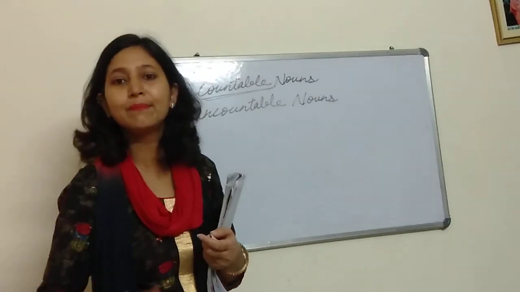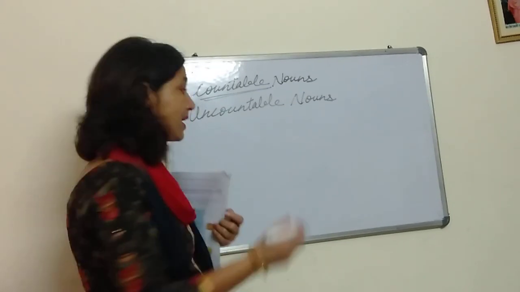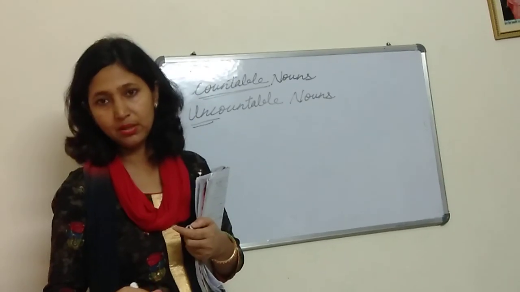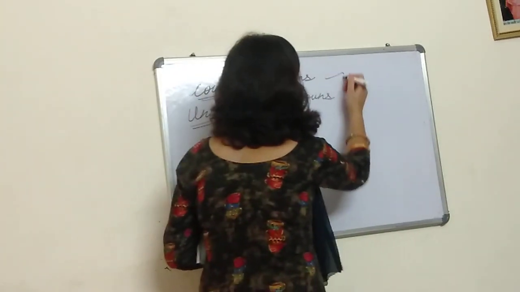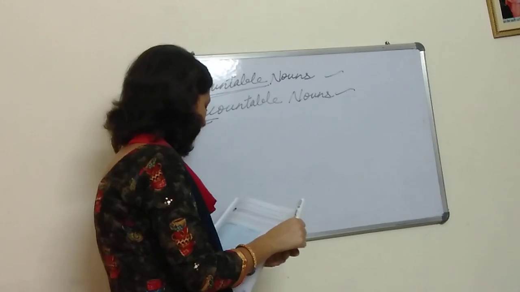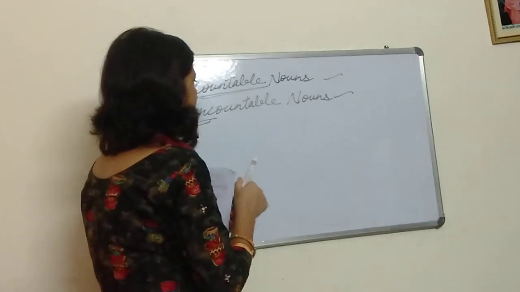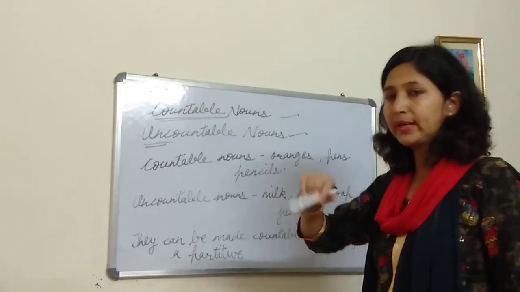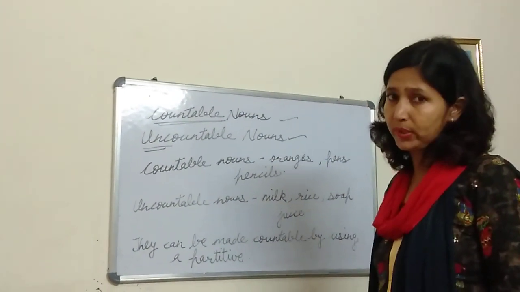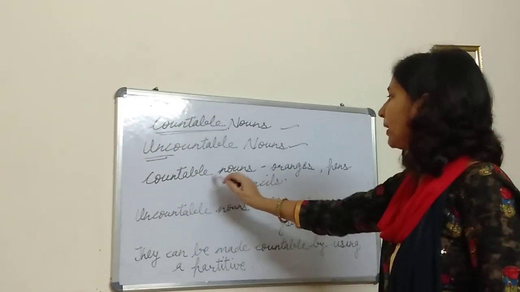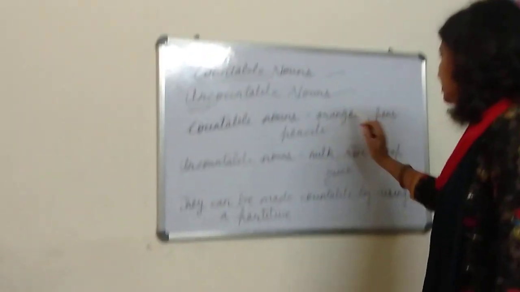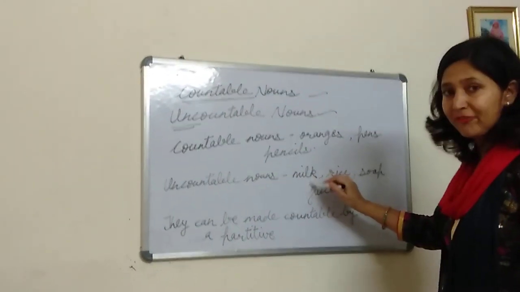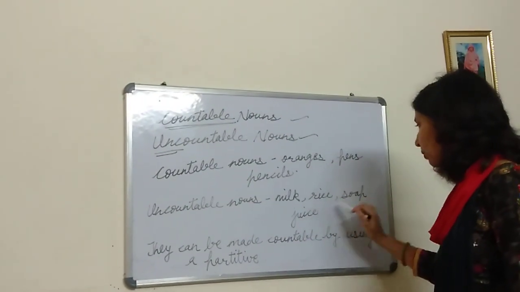The nouns which can be counted are known as countable nouns, and the nouns which cannot be counted are known as uncountable nouns. Countable nouns are oranges, pens, pencils, rubbers. Uncountable nouns are milk, we cannot count the milk, rice, soap, juice.